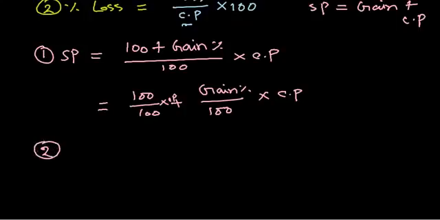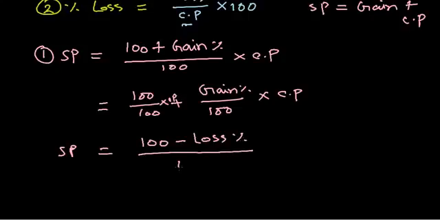Okay, so now another way of writing this. Let's say this is the first way of writing this. The other way of writing this is you can simply write 100, but instead of adding the gain percentage, you can simply subtract the loss percentage, multiplied by the cost price, right?